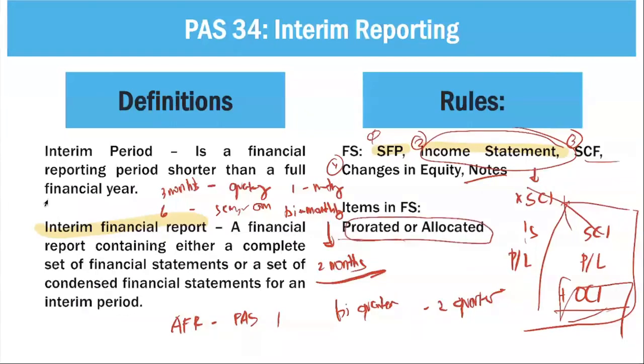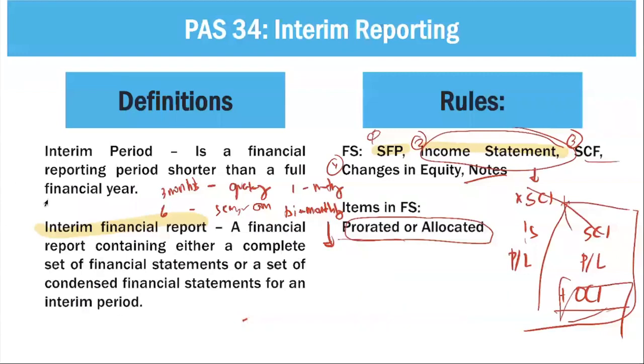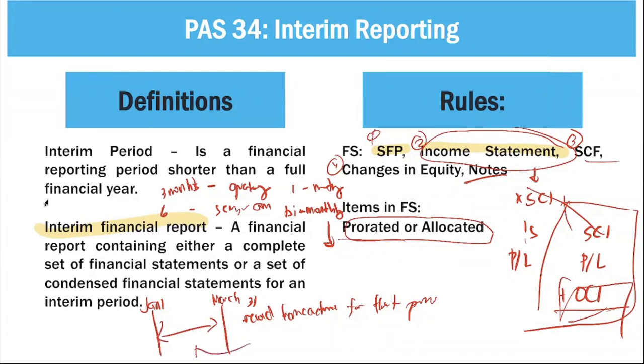So actually, the rule here is you only record transactions for that period. Okay, so for example, from January 1 until March 31. So this is 1 quarter. So for 1 quarter, you should only report those transactions happening during that quarter. So whatever are the transactions happening during that quarter, you report it there.